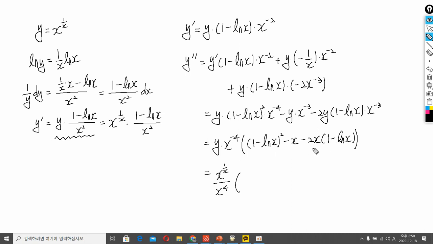And if we simplify the parentheses, so we can add these two terms.